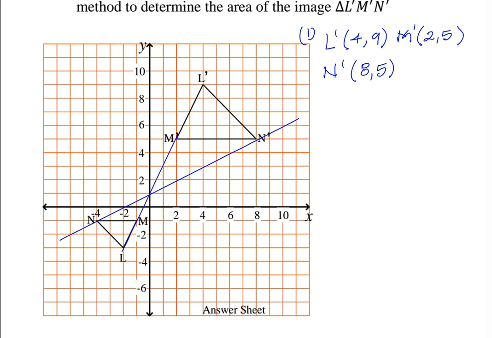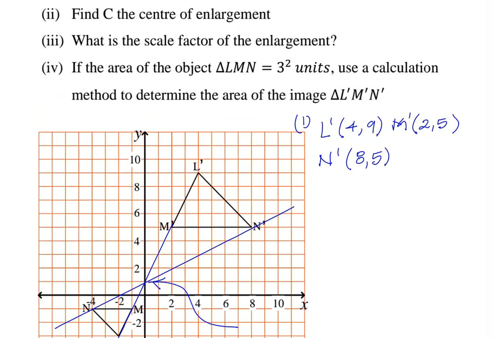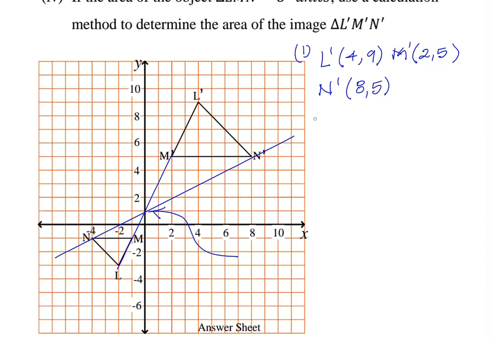And the center of enlargement is therefore where these two lines intersect. So this point here would be my center of enlargement. So we're asked to find C, the center of enlargement. C is the point (0, 1). All right. So (0, 1) is the center of enlargement.